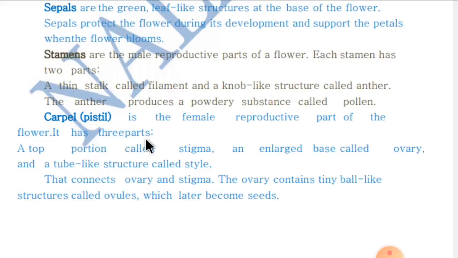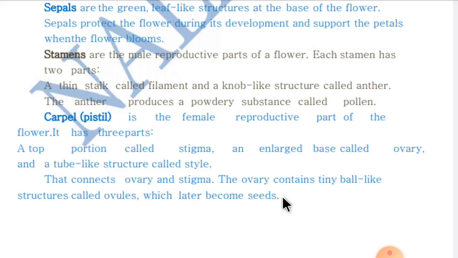It has three parts: a top portion called stigma, an enlarged base called ovary, and a tube-like structure called style that connects ovary and stigma. The ovary contains tiny ball-like structures called ovules, which later become seeds.